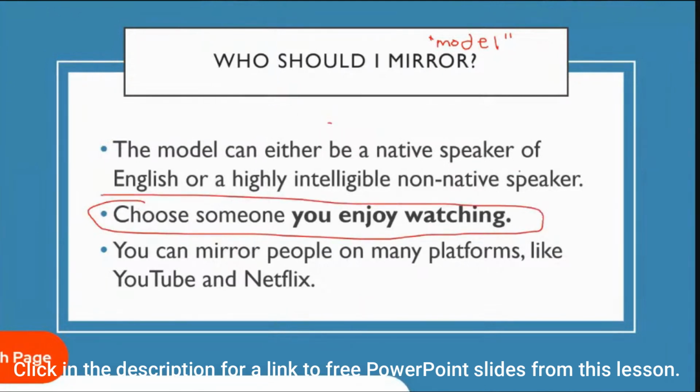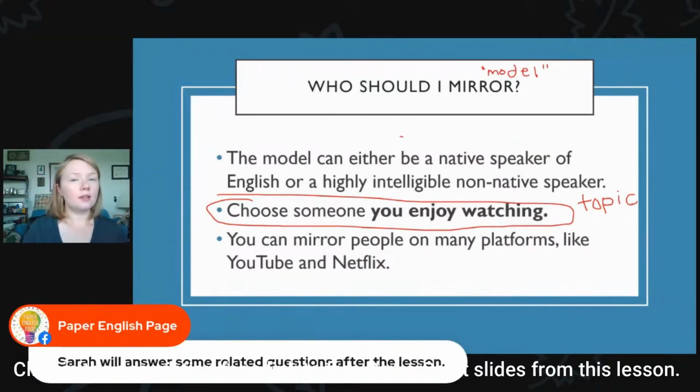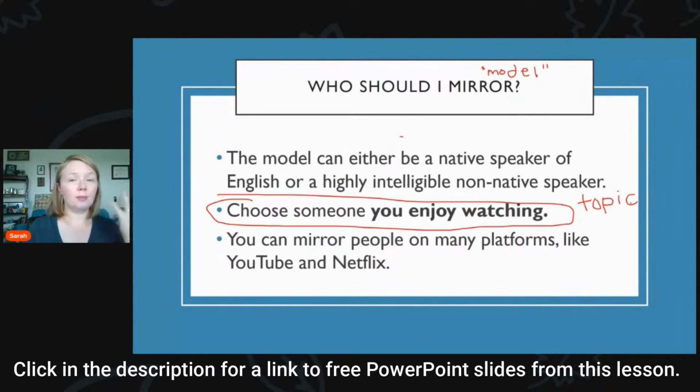And you can also choose the topic that you are interested in talking about, right? You're mirroring someone's speech and body language, so you can choose the person and topic you enjoy. So that's very important. Make sure you enjoy it.